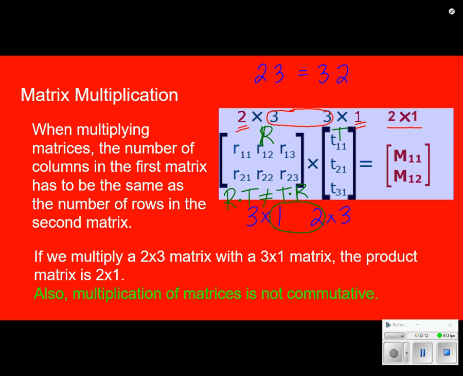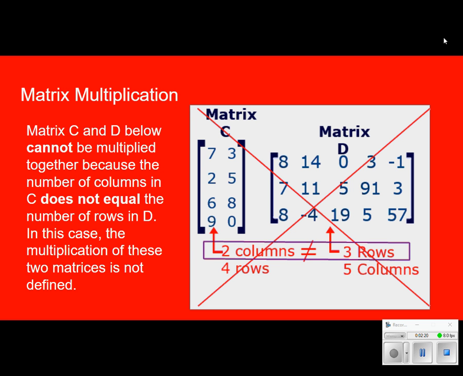Before you actually try to multiply two matrices together, you should check their sizes and make sure you can multiply them. So I can't multiply these two matrices, C and D, because C is a 4 by 2 and D is a 3 by 5.